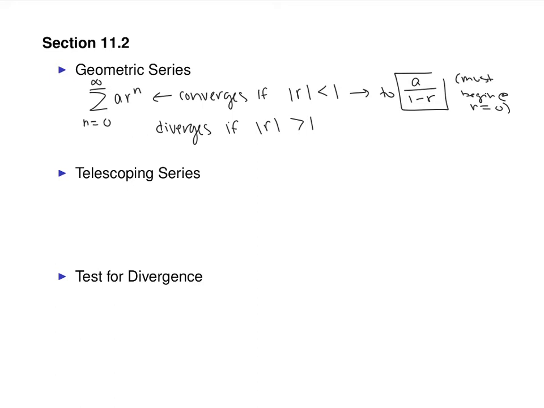Now, a telescoping series. To find the sum of these, you list the nth partial sum, so list S_n, and you should see some kind of cancellation pattern.